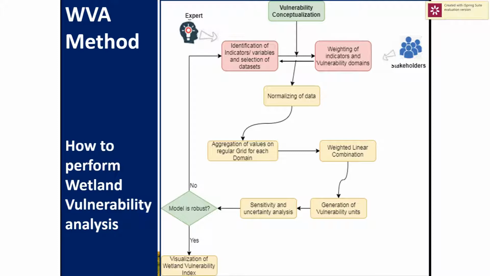They could use robust models to do this, which has already been implemented within the prototype of the wetland vulnerability analysis tool.